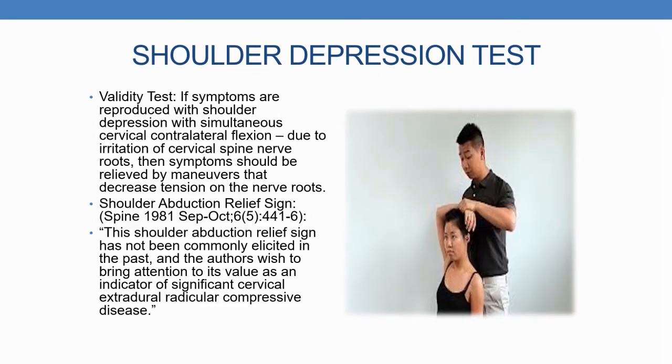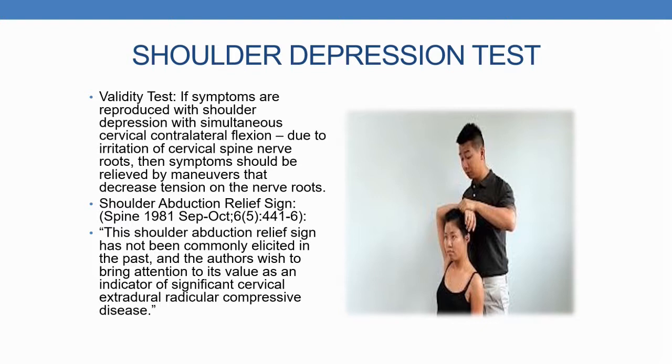Now, in the presence of a positive shoulder depressor test, you can test the validity of those findings by reversing the maneuver or reversing the provocation that caused the reproduction of the symptoms.